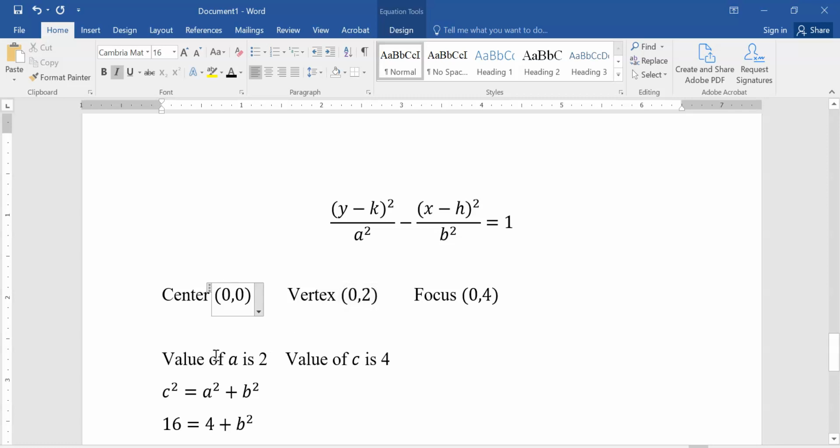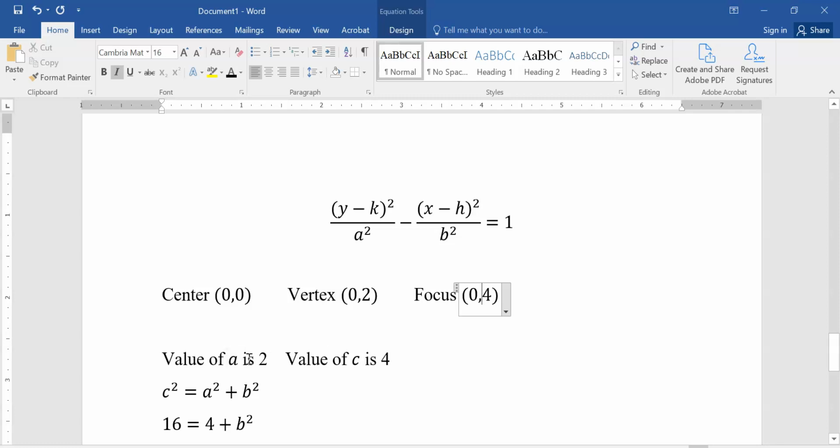So a has to have a value of 2. Now the focus being (0, 4) tells me that my value of c, c being how many units I move from the center to get to the focus, has to be 4, going from 0 to 4 in the y value. c has to be 4.